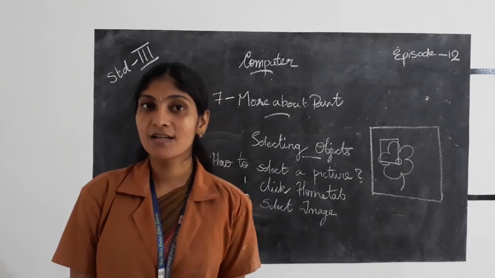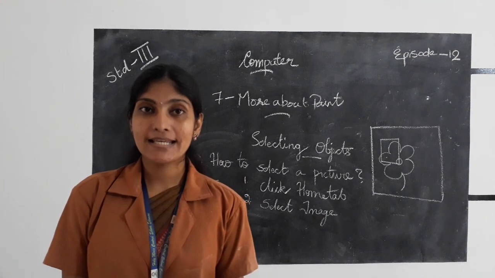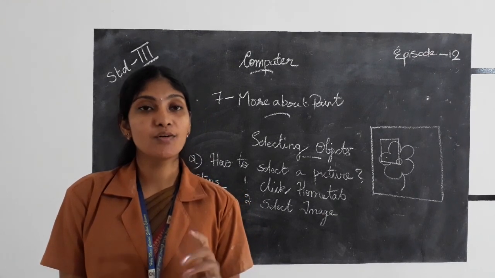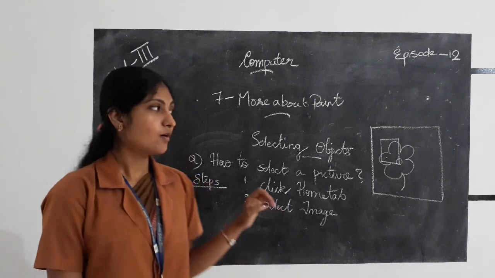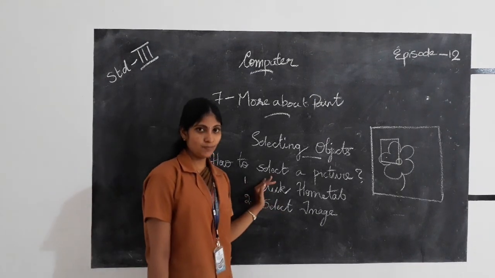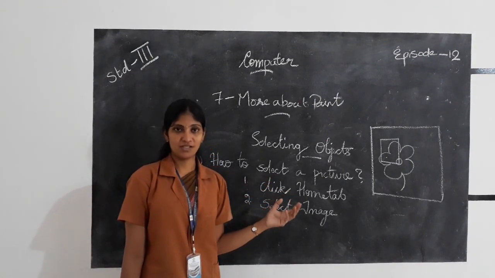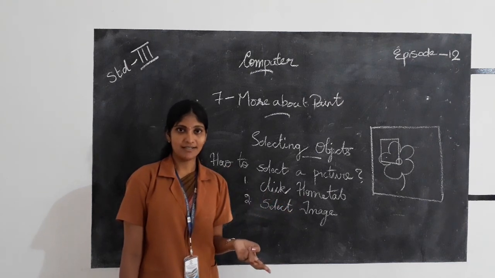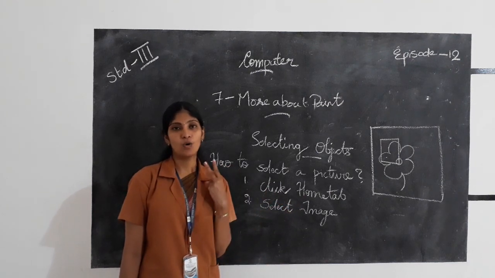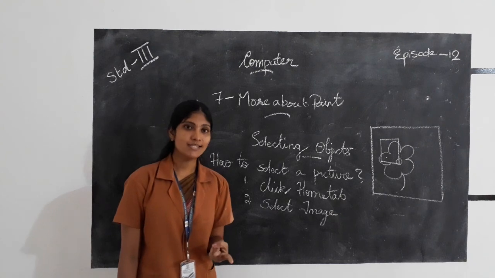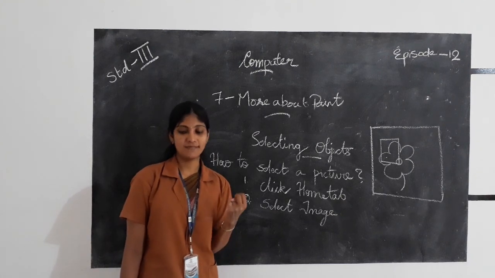In the Image group is the Selection button, and you can select two options: rectangular selection and free form selection.